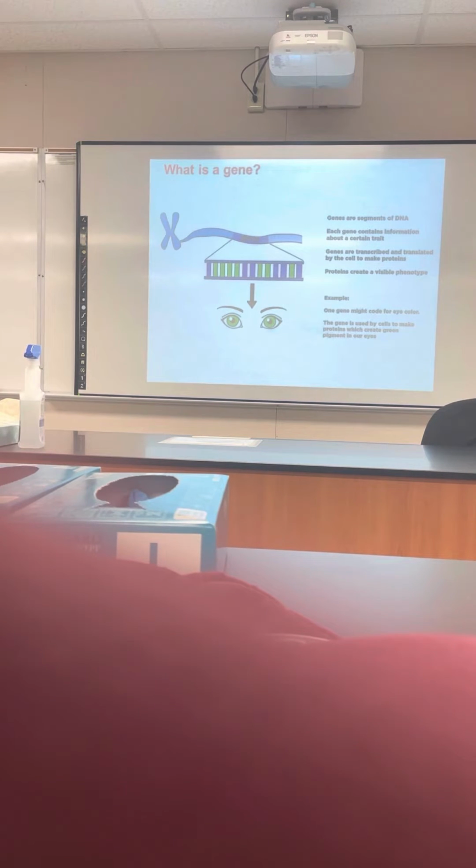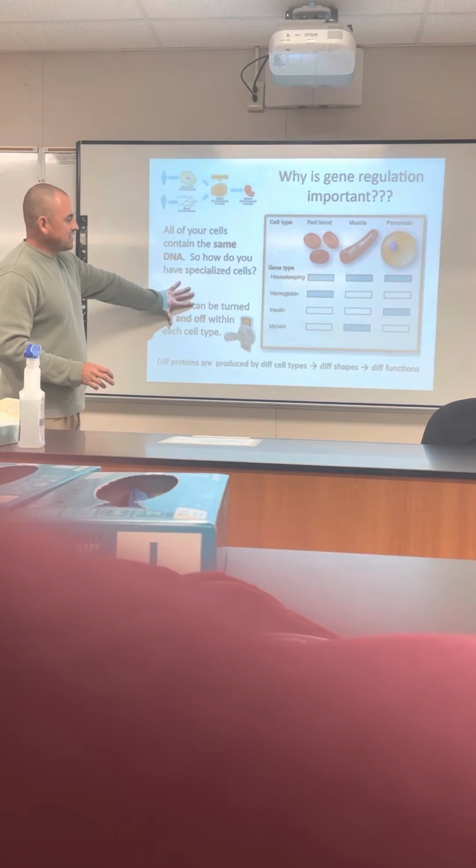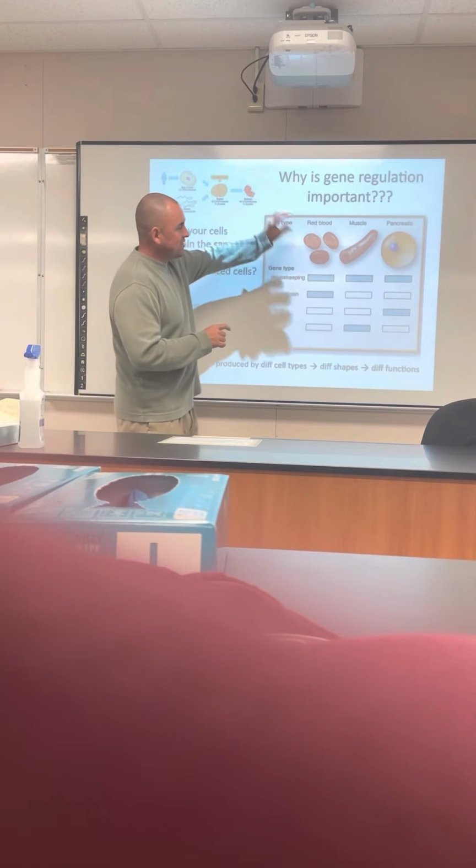So what makes them actually different? That is the question on the test. I'll tell you guys. The question on the test is, what makes cells different? What makes them specialized? Well, what makes cells specialized is that they express different genes. Not all the genes in every single one of your cells are turned on at the same time. They all express different ones. And that's the whole purpose of this table.